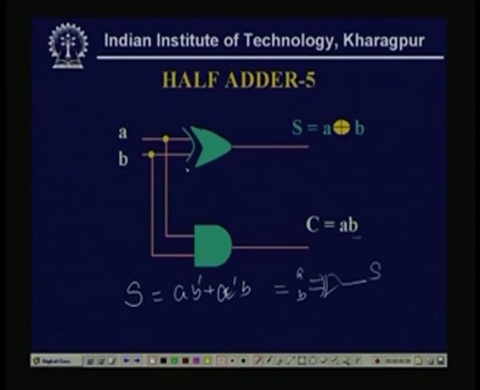Then we can easily use this type of circuit for the half adder, and there are only 2 gates needed for that. So, this is the minimum, only 2 gates are necessary.